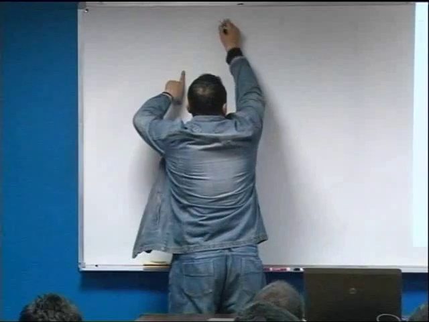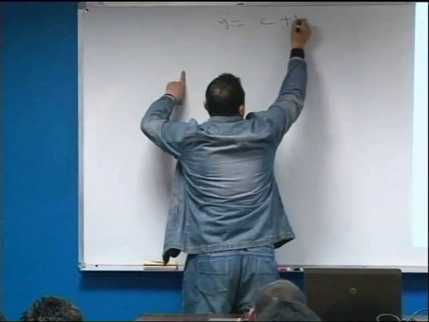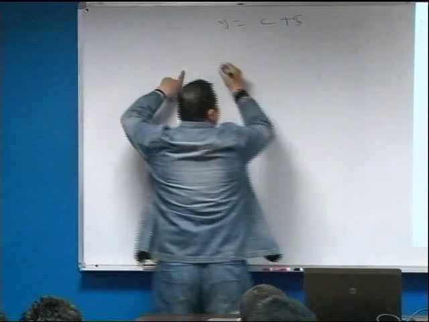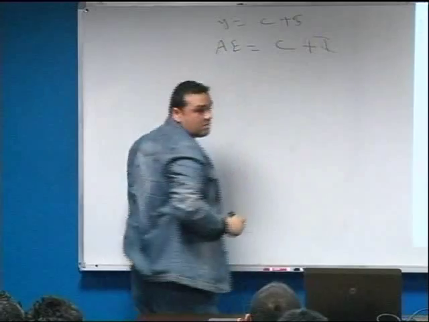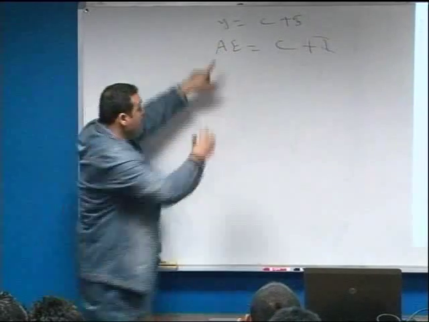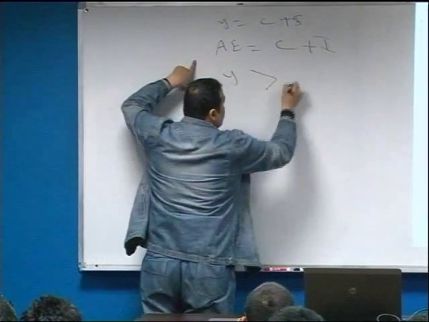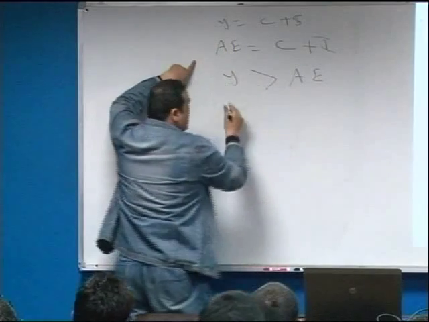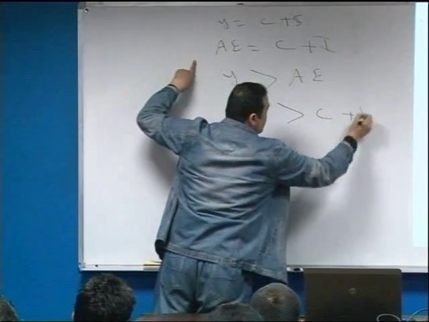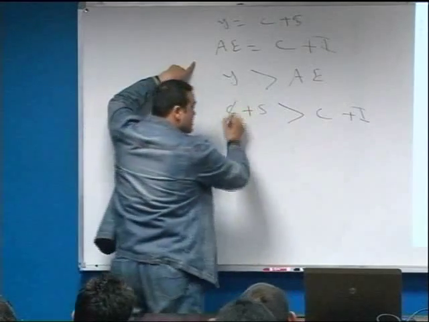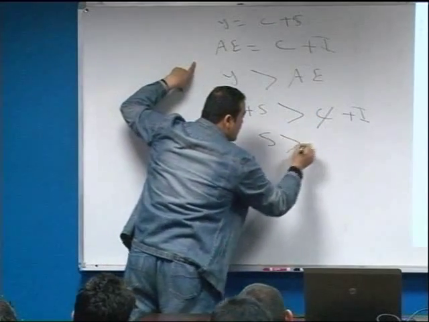Right? But aggregate expenditure equals C plus I. When Y is larger than the aggregate expenditure, C plus S is larger than C plus I, or S is larger than I.